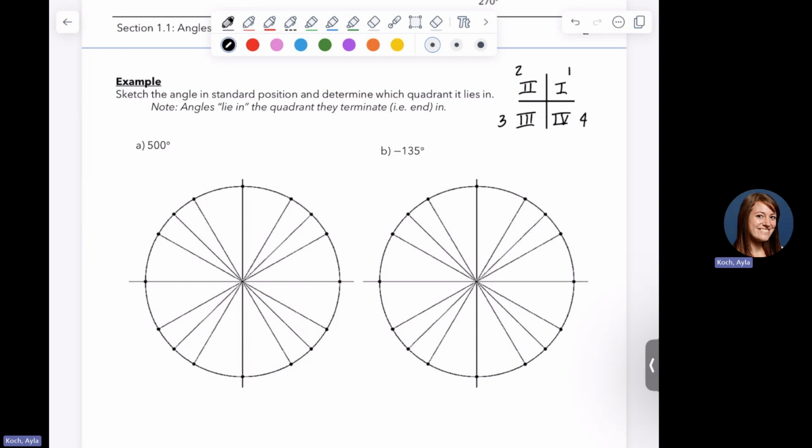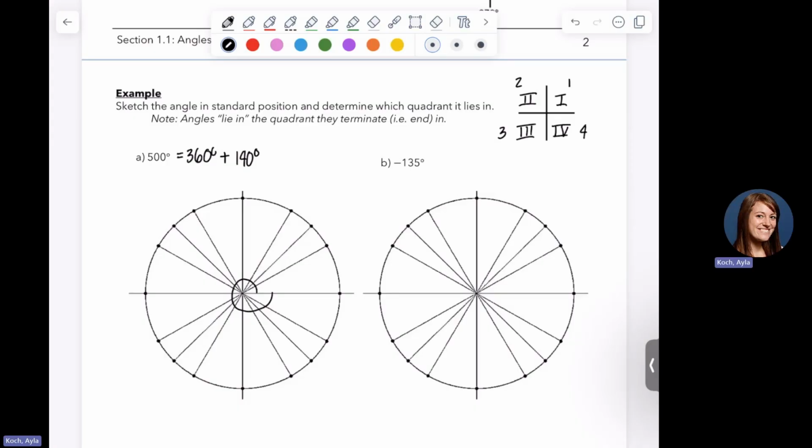All right, so for 500 degrees, I know that this is at least 360 degrees, so I'm going to go around at least 360. There's my first bit. And then for my next bit, what is that? 140 degrees extra.